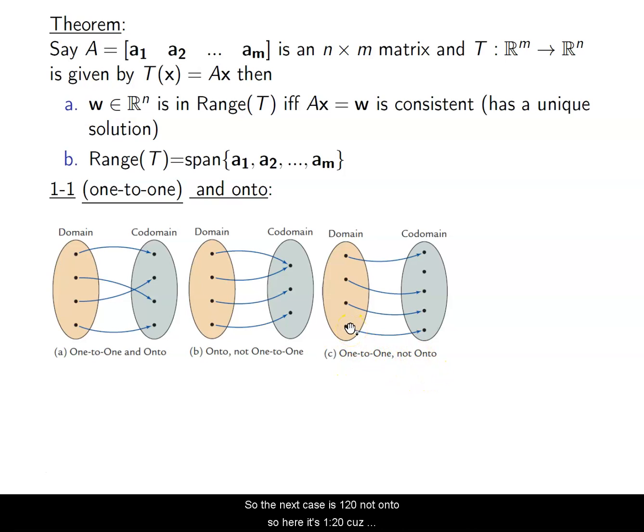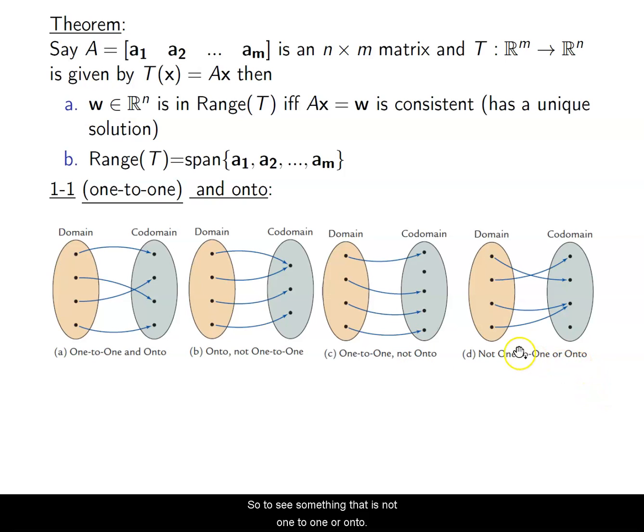Here it's one-to-one because everything has its own place to go. However, it is not onto because everything is not covered. There is this lonely guy here that does not have a pair. He does not get mapped to by our transformation or by our function. So to see something that is not one-to-one or onto, here it's not onto because this has no mapping. It is also not one-to-one because both of these guys go to the same end result, the same place.